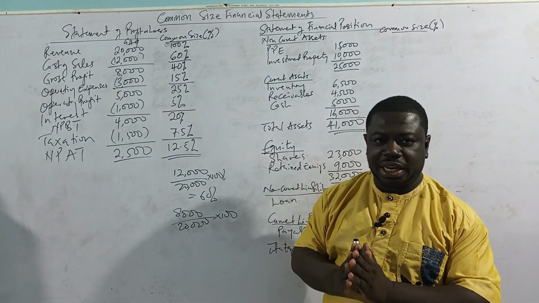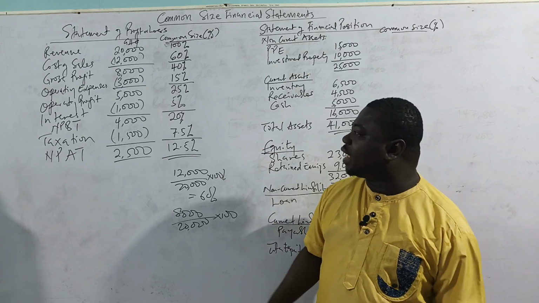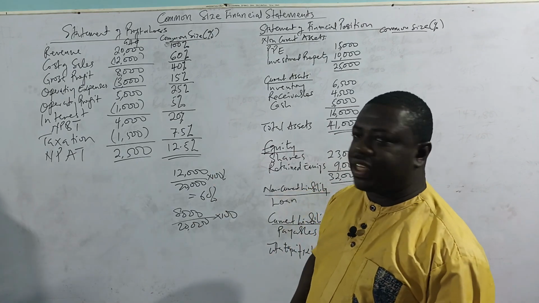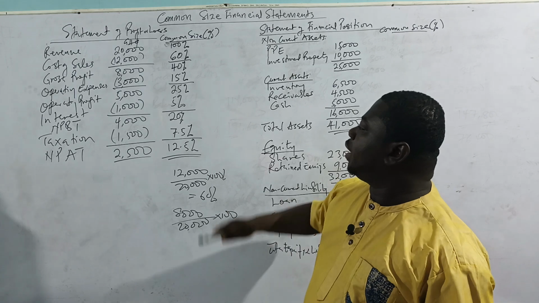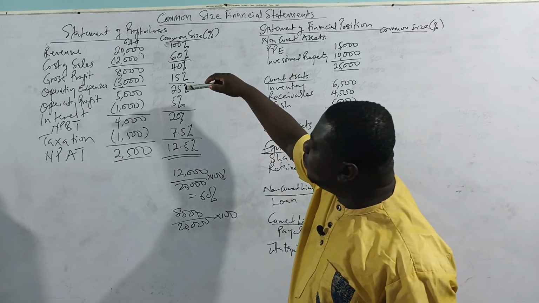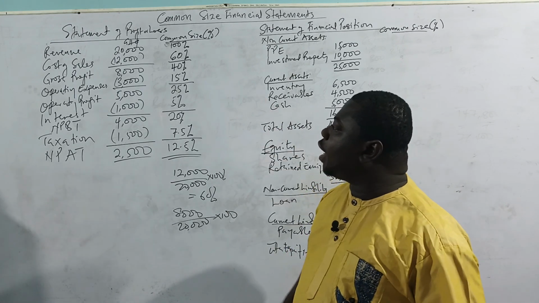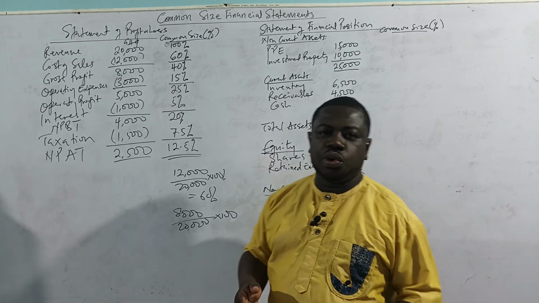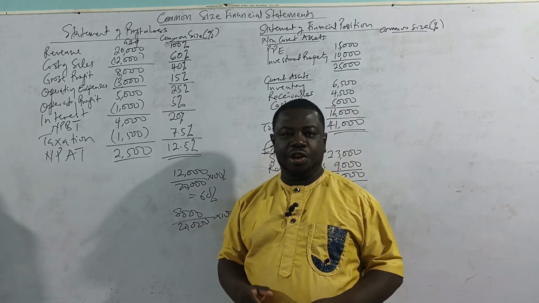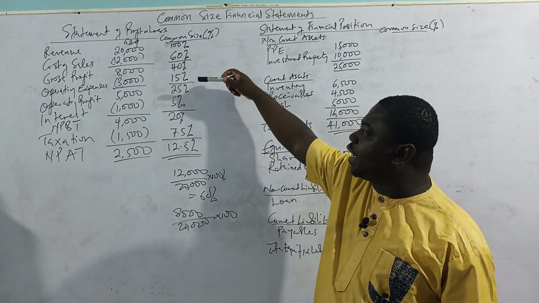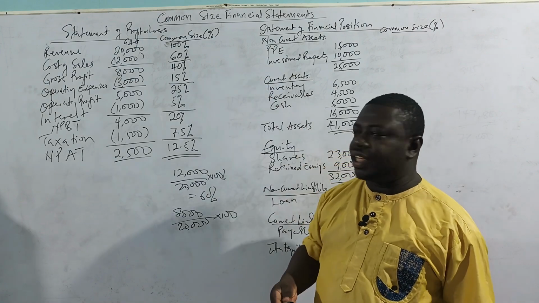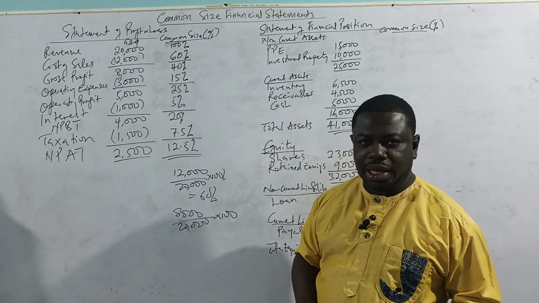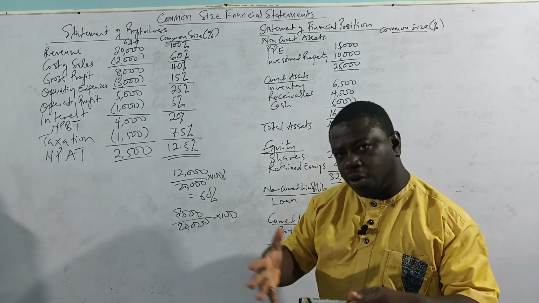I'm sure you really understand what we are trying to mean. So it means that you can look at the financial statement of this company and say that, okay, in all, the operating expenses covered 15% of revenue. So that if another company's own covered 10% of revenue, then you can advise this company that they should find a way to reduce the percentage of revenue that they are spending as operating expenses in order to stay competitive.